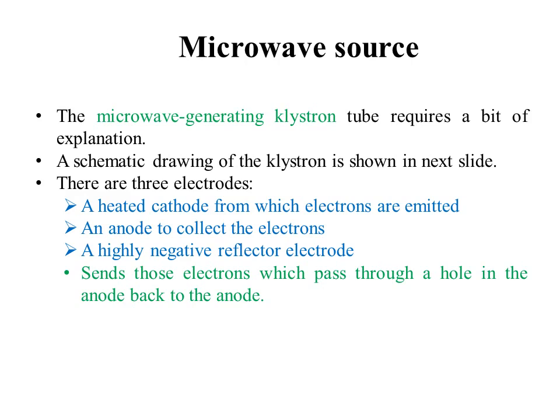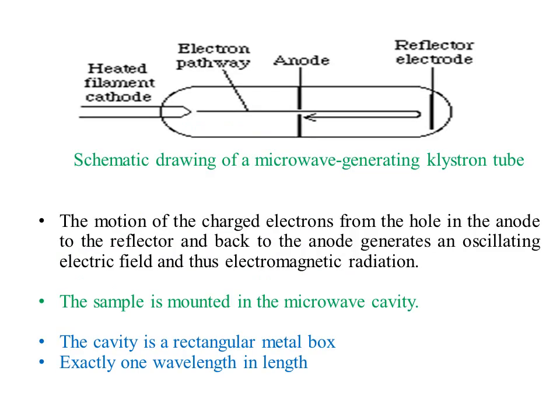When electrons are emitted from the cathode, they will move towards the anode. But the anode has a hole, so some of the electrons will pass through, and those electrons will fall on the highly negative reflector electrode, and due to the negative charge on the electrode, the electrons will be bounced back to the anode.